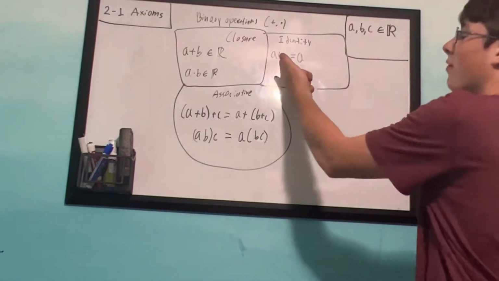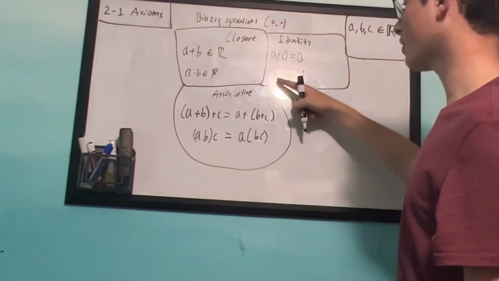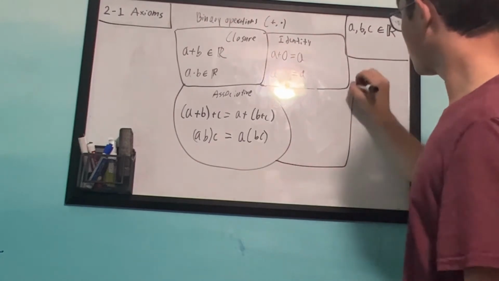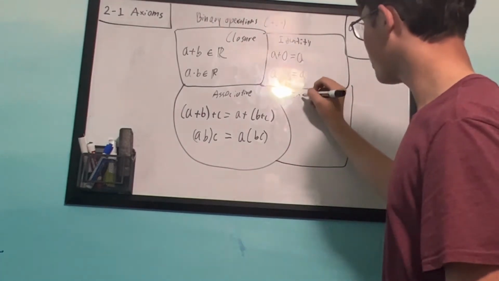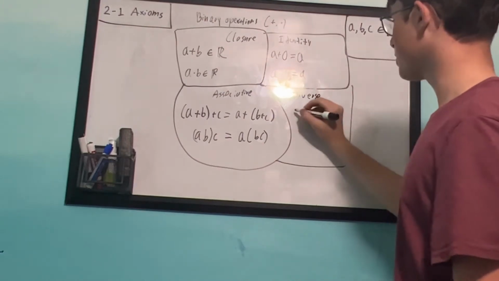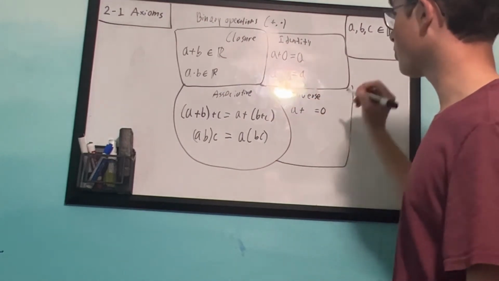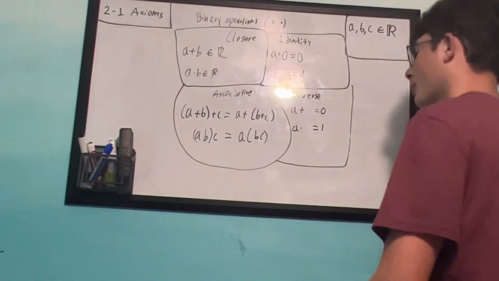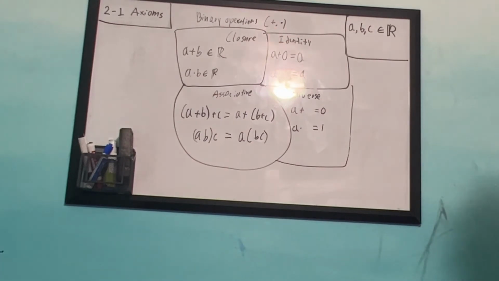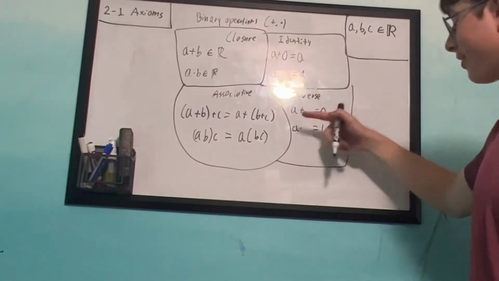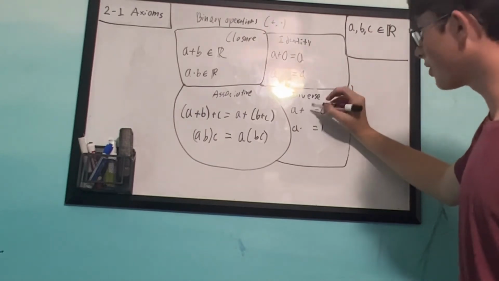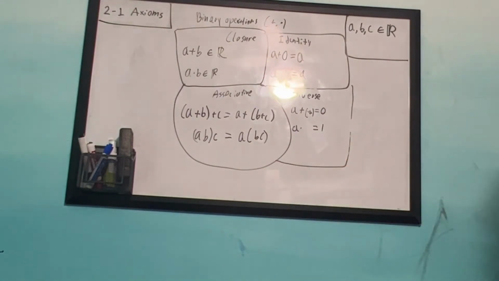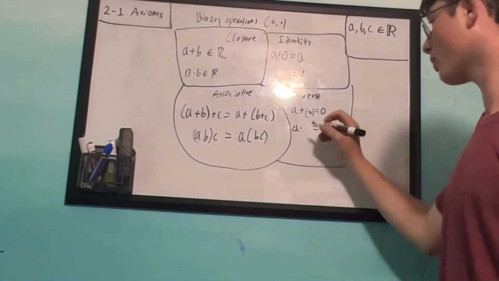And so for addition, we have that it's A plus 0 equals A, and then for multiplication, that's A times 1 equals A. And then we have the inverse, which means A plus something equals your identity from earlier, or A times something equals your identity from earlier. And so what would you have to add to A to get the identity? You have to add negative A, and to multiply A to get the identity 1, you get 1 over A.